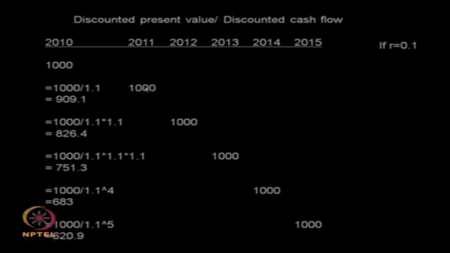So although they promise 1000, 1000, 1000, 1000 in the 5 subsequent years, if you convert that into present value, it will be only this much, the sum of this, this, this, this and this. It will be approximately 3600 or 3700 if you add up all these numbers.